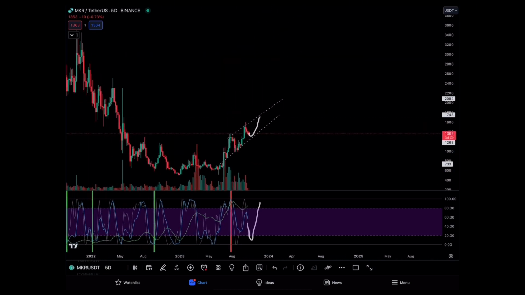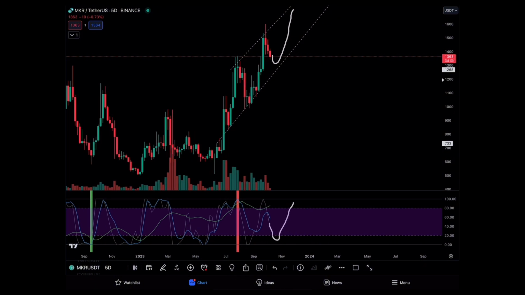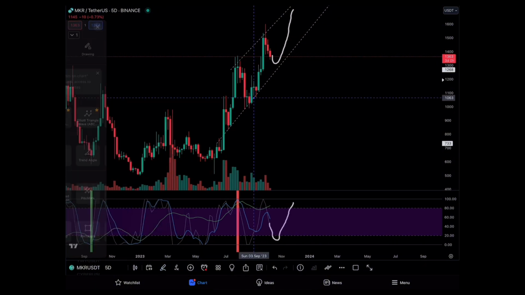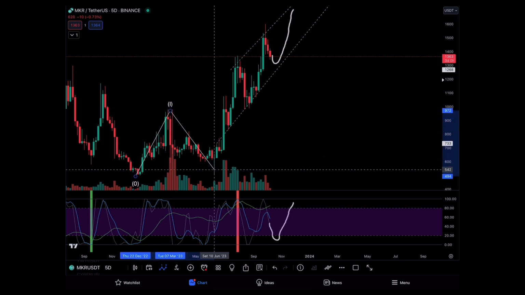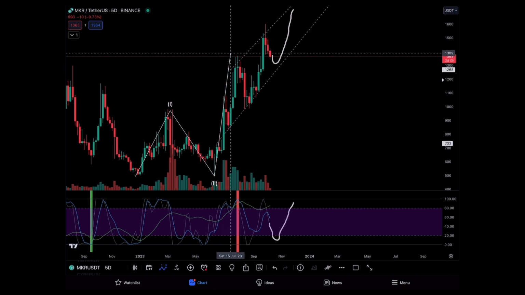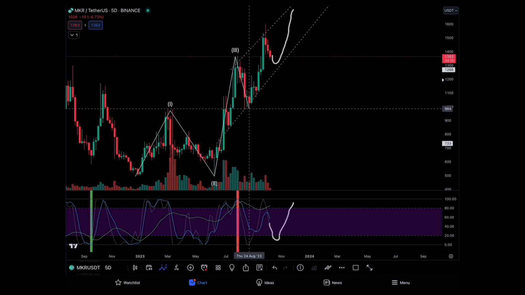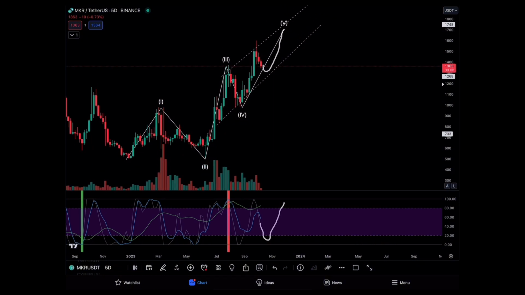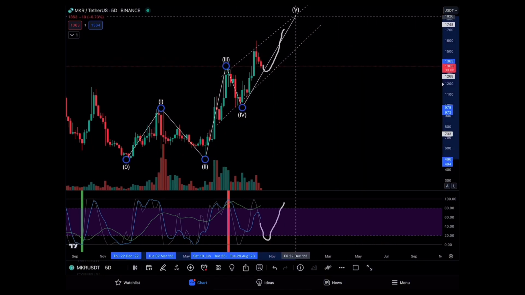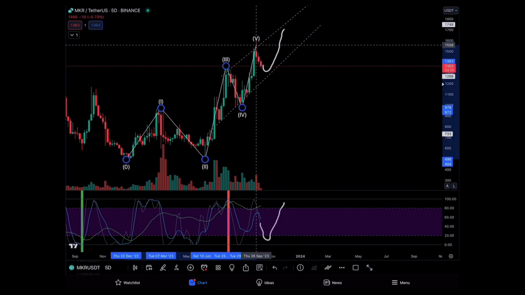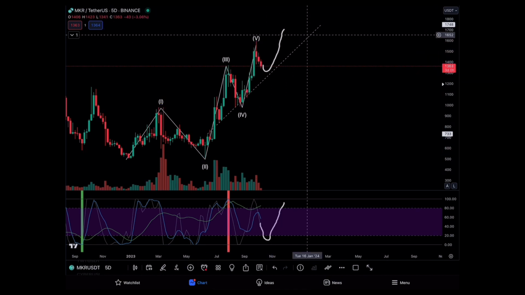Although it would be relatively uncommon for this to happen, simply because if you were to count these waves, you would be seeing like this is a wave 1, 2, and then probably 2, 3, 4. That's a 3, that's a 4. So maybe this is going to be extended somewhere like that, unless this is wave 5 here and this is not an ending diagonal at all.